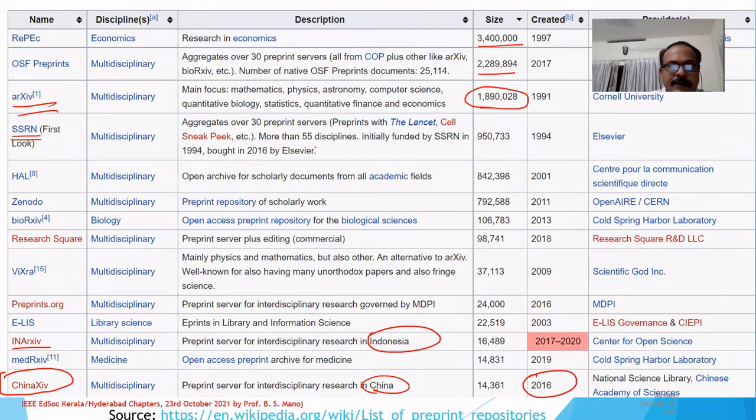Even though it was not started by Elsevier, it was purchased by Elsevier in 2016, and they have close to 1 million papers in the index. This indicates even the bigger publishers found value in the preprint services and servers business. So if they have this preprint service available, they will definitely be doing the indexing very soon, if it has not already started. So, it's possible.